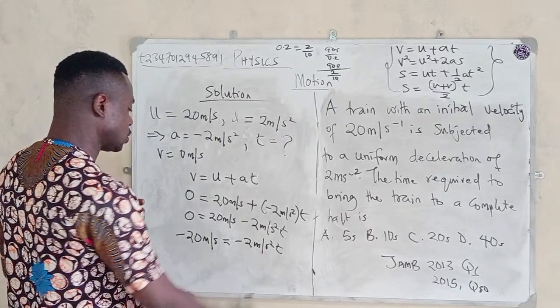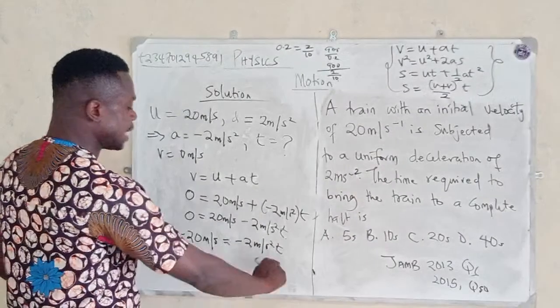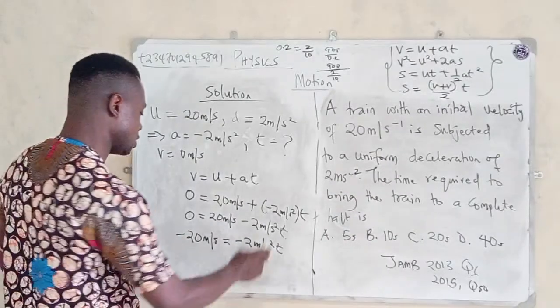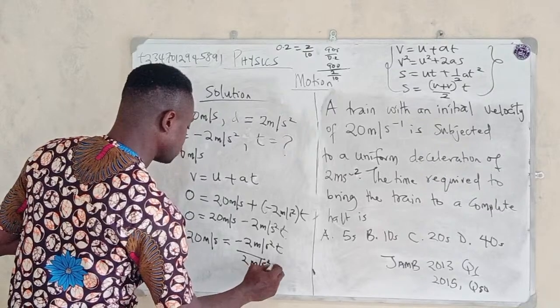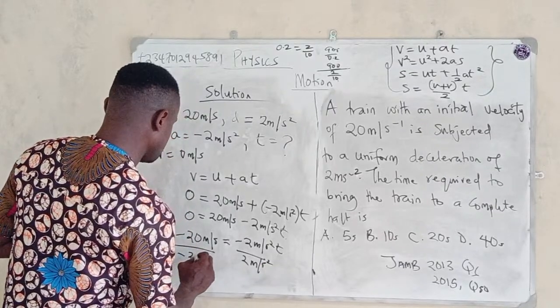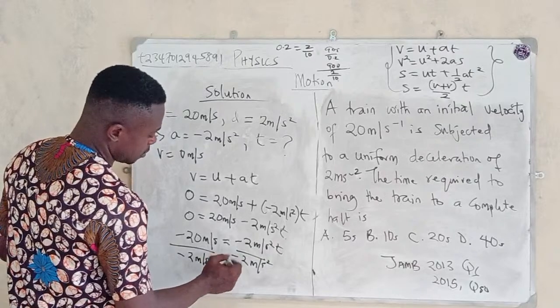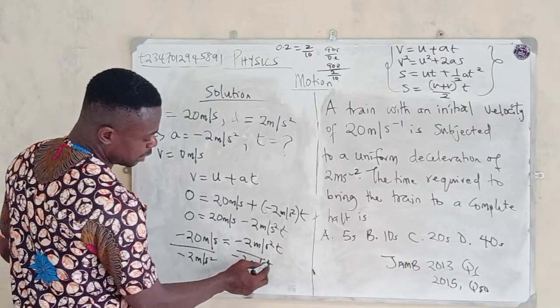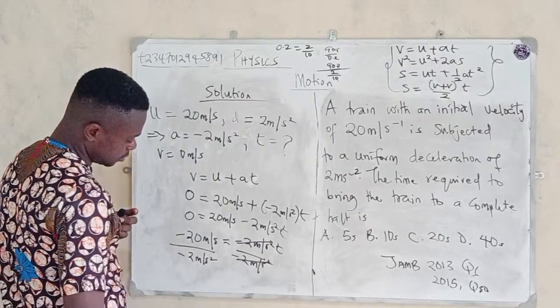To make t the subject of the formula, we divide both sides by minus 2 meters per second squared. So here is minus 2 meters per second squared over minus 2 meters per second squared. Minus 2 meters per second squared will cancel minus 2 meters per second squared. We are left with t.